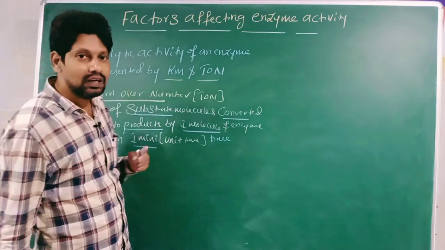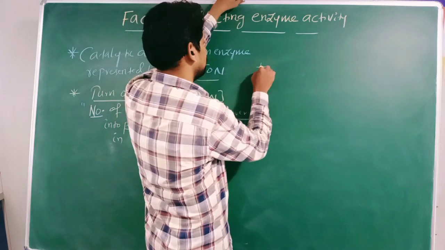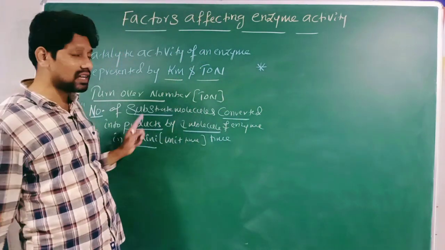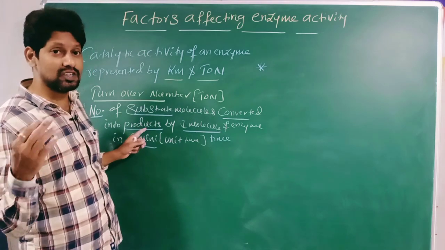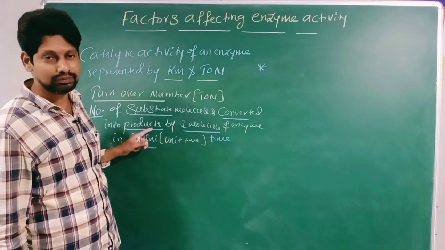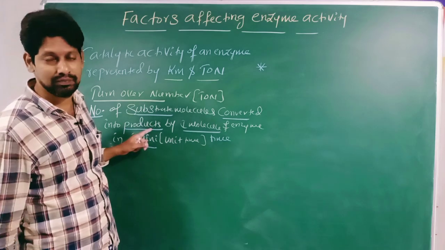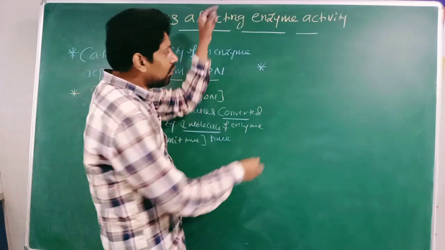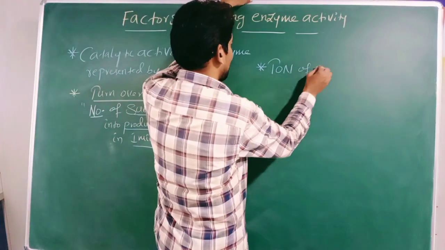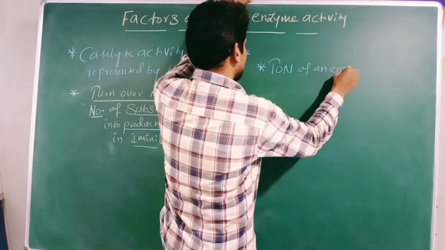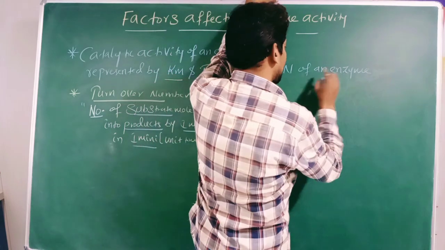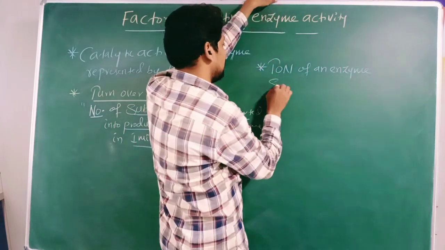Because turnover number means the number of substrate molecules converted into product. If the turnover number is more, more substrate molecules can be converted into products. Yes or no? Therefore, the turnover number of an enzyme should be high.